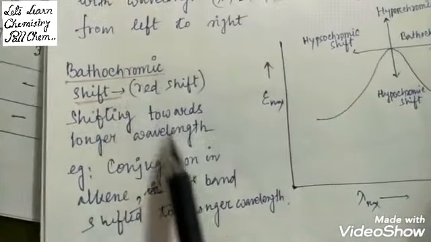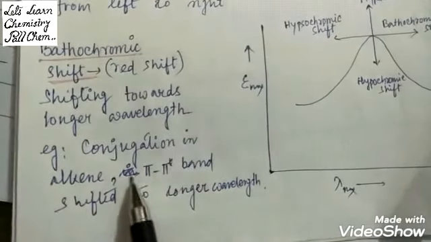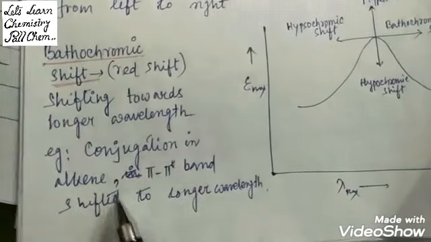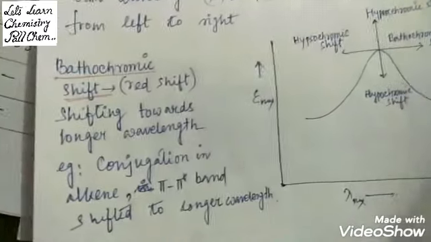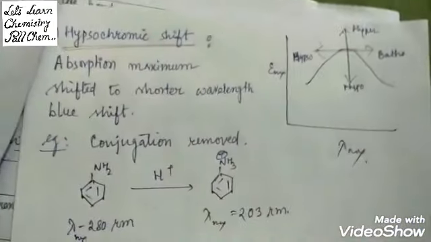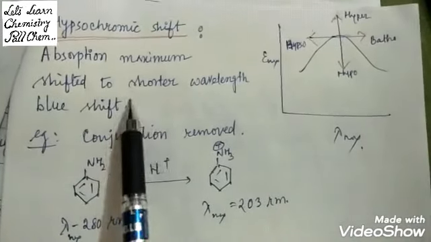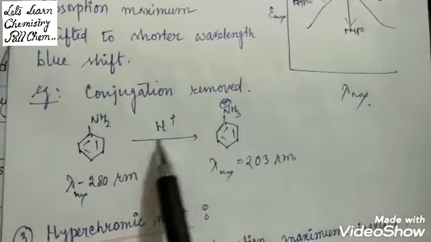So bathochromic shift is red shift, shifted towards longer wavelength, which occurs when conjugation in the alkene is increased. And hypsochromic shift is the absorption maximum shifted to shorter wavelength, called blue shift. It is observed when conjugation is removed.